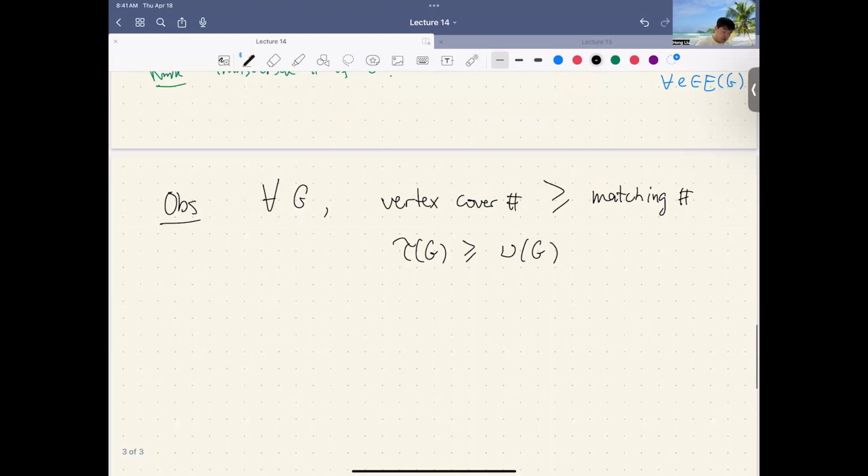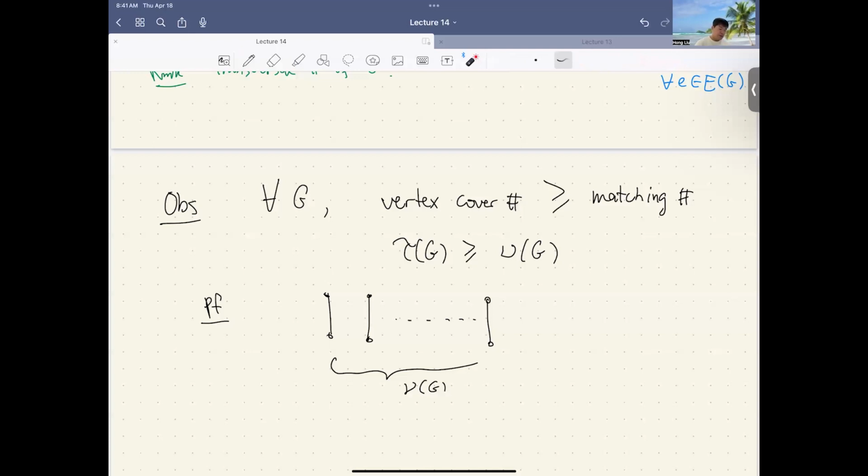Why is this trivial? Well, I will prove it by picture. Consider a maximum size matching. This provides us the matching number. We have nu of G many edges. What is the vertex cover? We need to find a set of vertices such that for every edge, one of its endpoints must lie in this set.